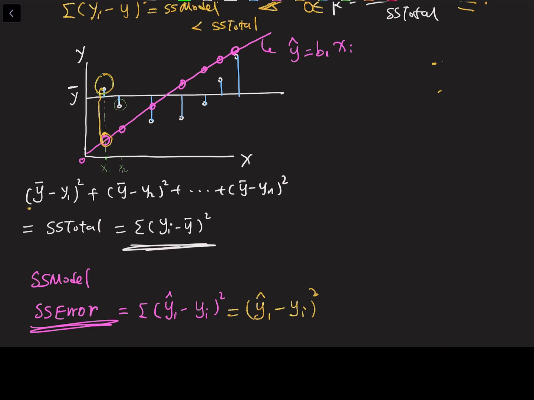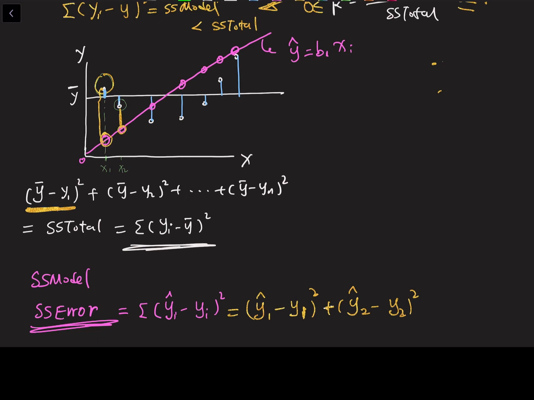If you're using average, you see this blue line, the error is a lot smaller, right? And then the second term, y hat 2 minus the observed value of y2, squared. So it's this much, right?